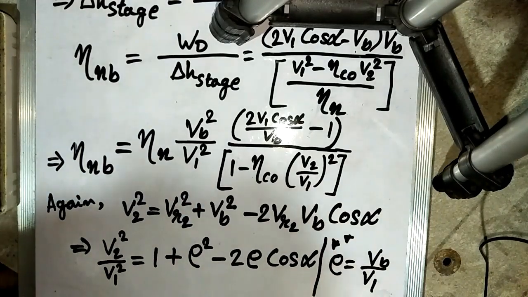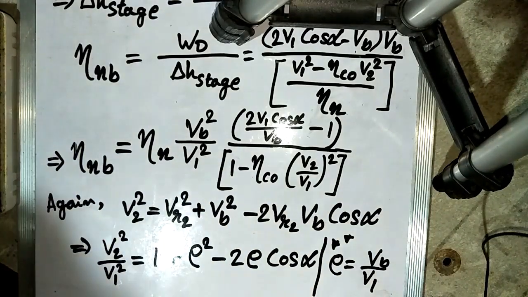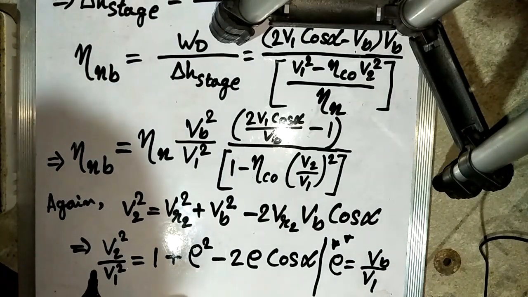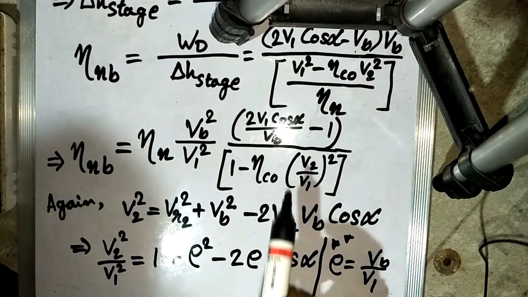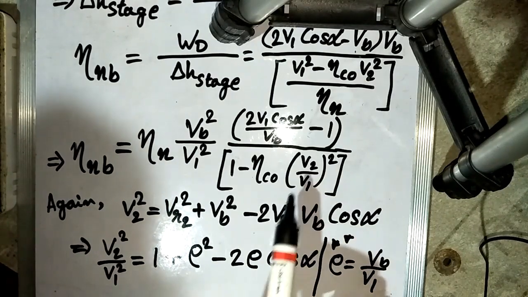We already know that this is the velocity ratio. So this expression gives the ratio of V2 by V1 whole square.